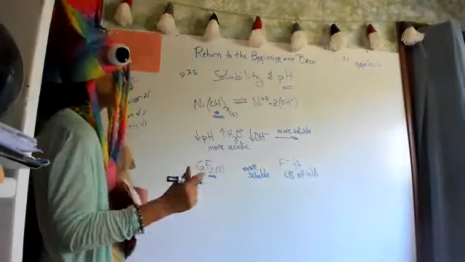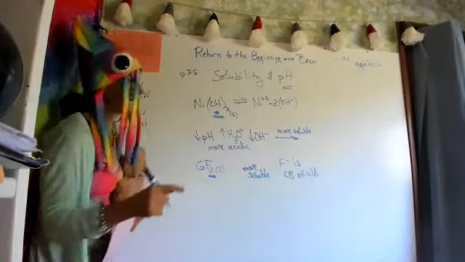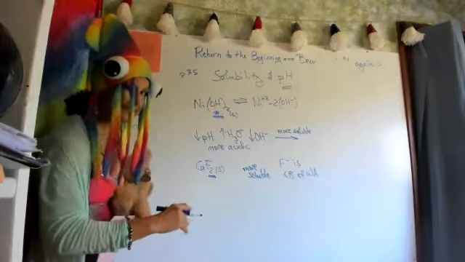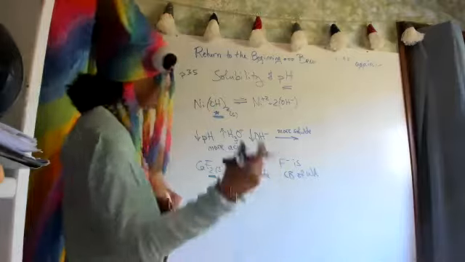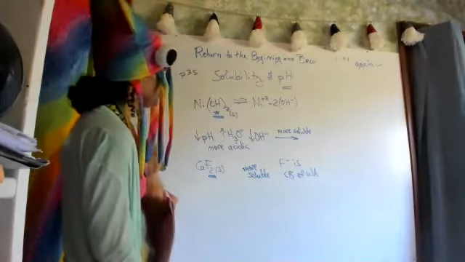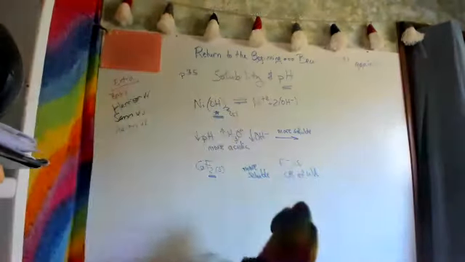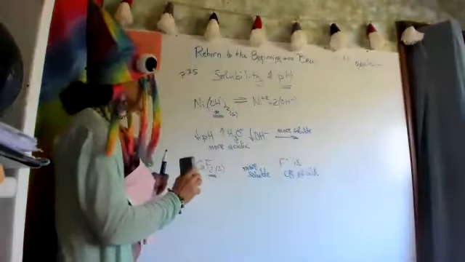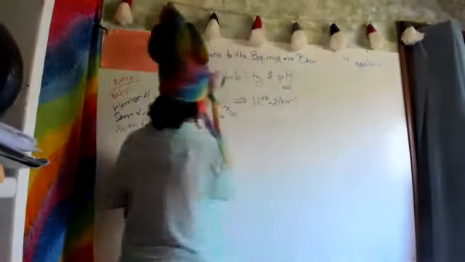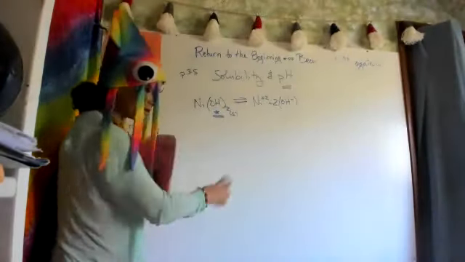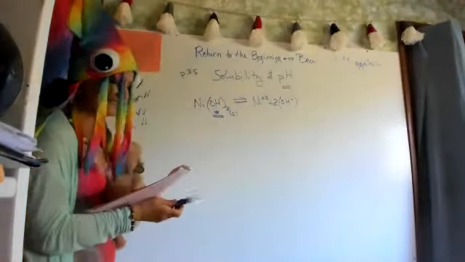But the conjugates of the strong acids will not be affected. So chloride, bromide, iodide, nitrate, hydrogen sulfate, which we're not going to run into. All right, let's do the math. Is there a question with this? So A and B become more soluble for those two reasons. C and D, no effect.